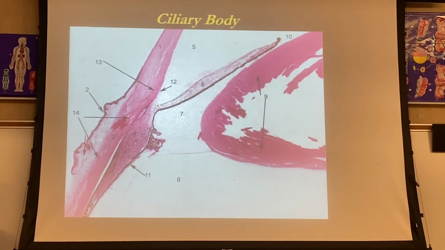Number 7 is posterior chamber. Number 8 is posterior compartment. Number 9 is lens.